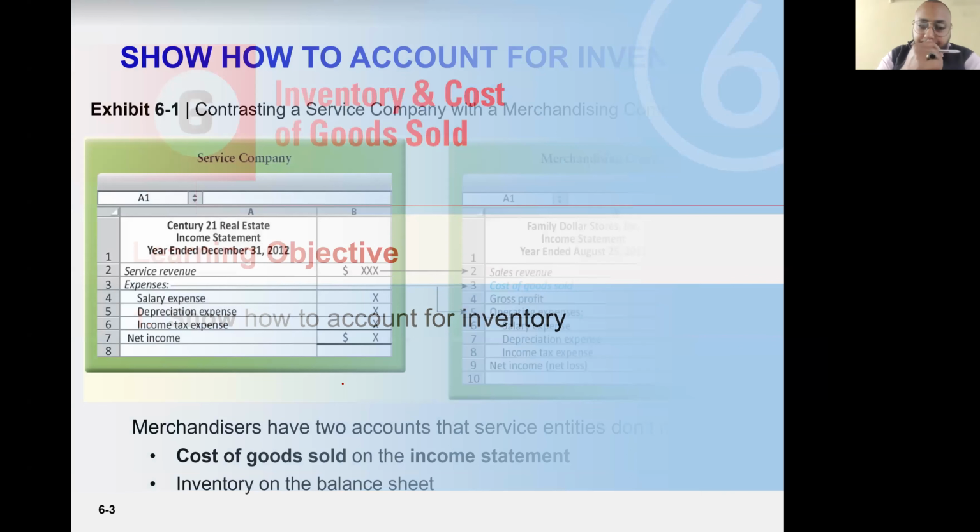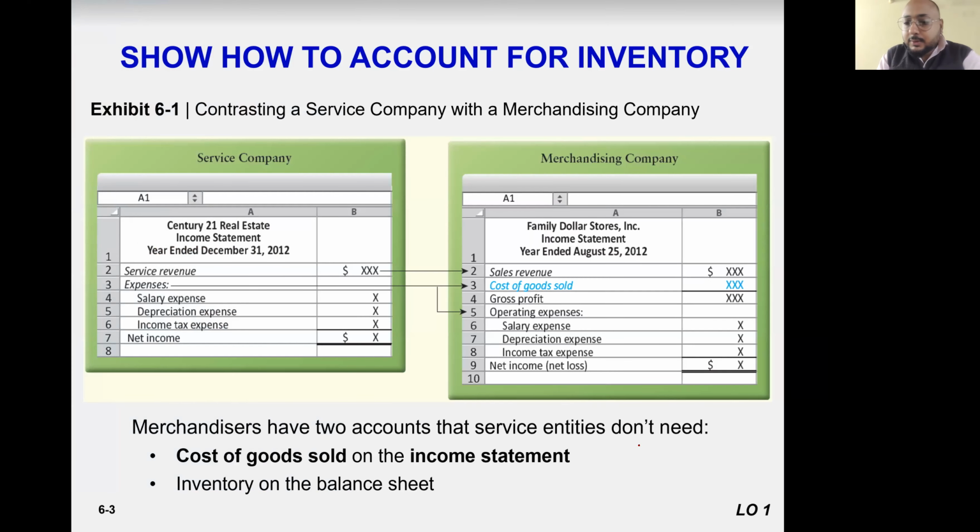So remember, merchandisers have two accounts that service companies do not need. Accounting does not mean that accounting is needed only in a production facility. It can be needed in a service company as well.